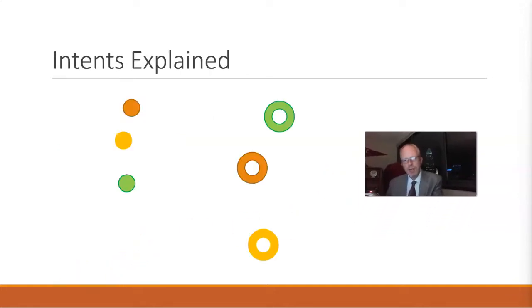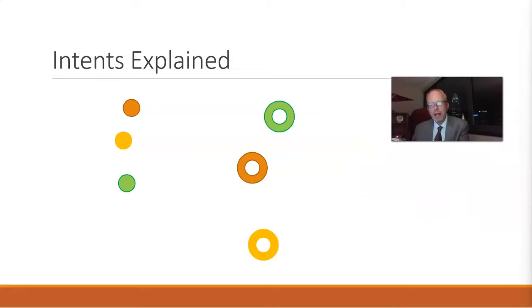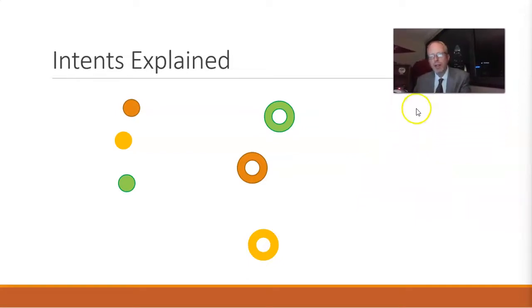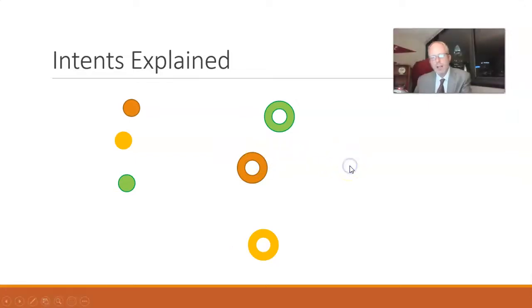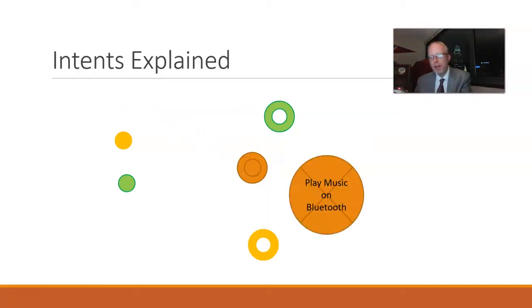So we can oftentimes think about intents as matching up to these things that we want them to do. And if you see over here, I have a series of circles that represent intents and a series of essentially donuts that can receive those intents and then do some activity when it receives those intents. So we might see the orange intent go to the orange donut, and that might be our Bluetooth broadcast receiver that pipes the music over to Bluetooth.